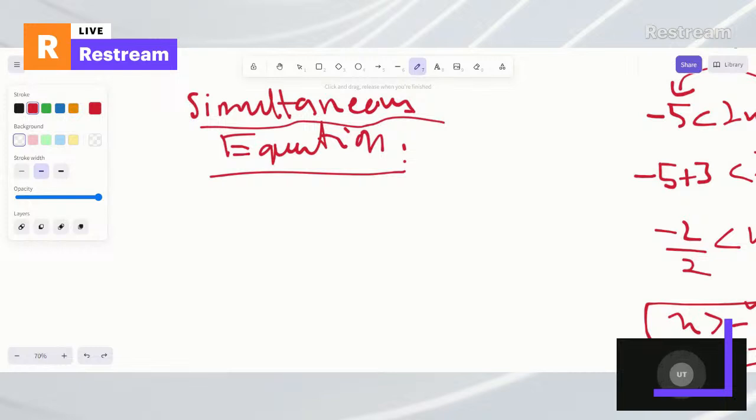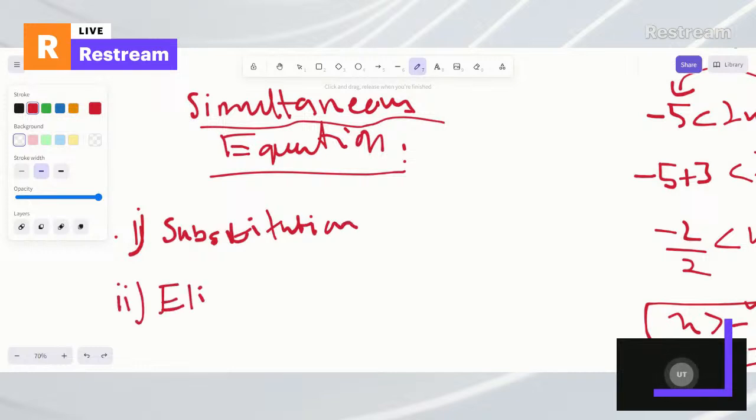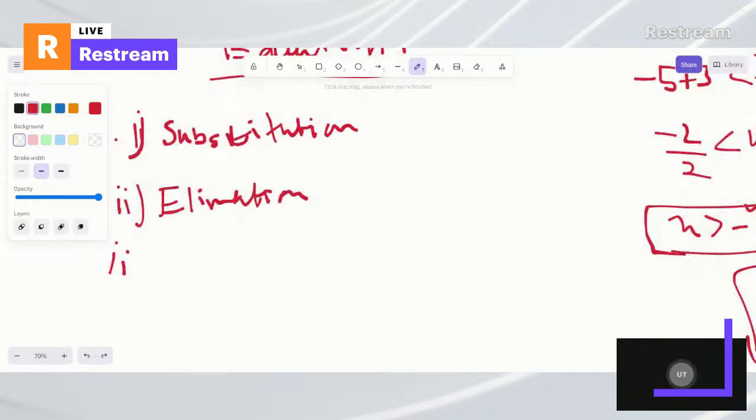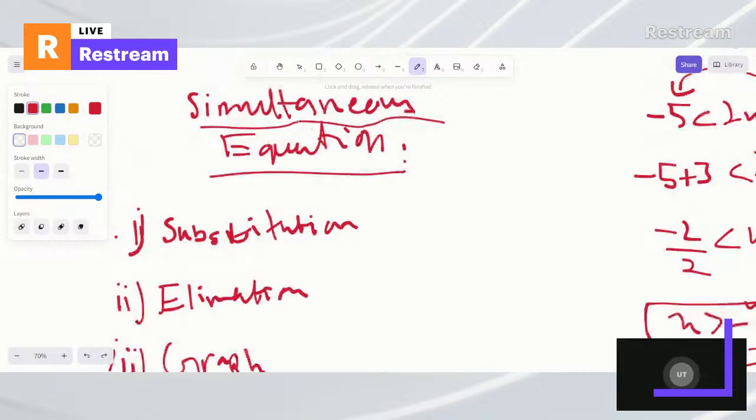There are two methods to follow when we talk about simultaneous equations. One method is called substitution, and another method is called elimination. There is another option which is called graphical, but there are very few questions of this in GCSE exams, but I'll still explain it. So don't worry about it.